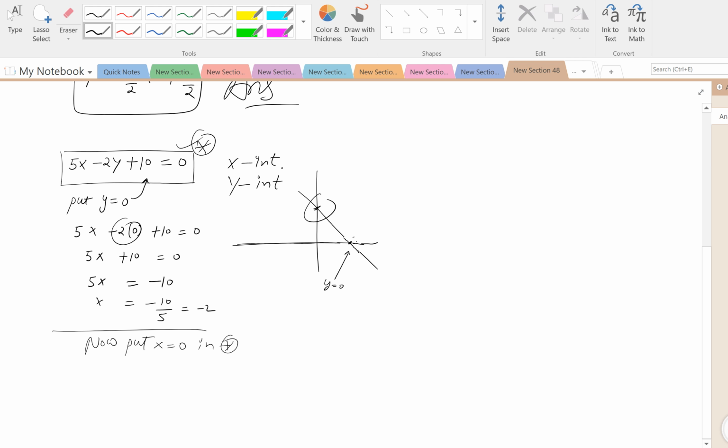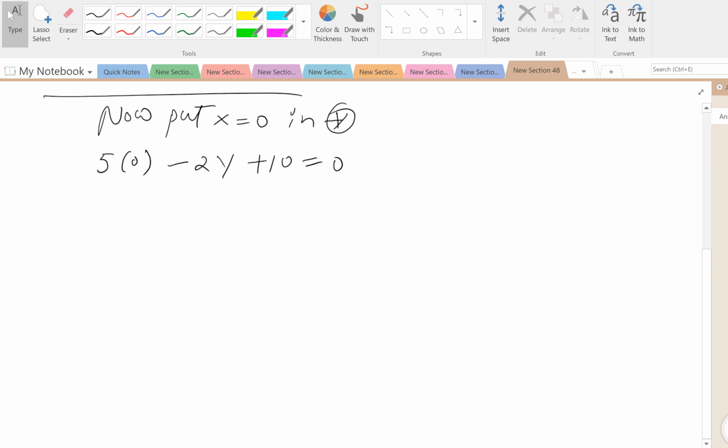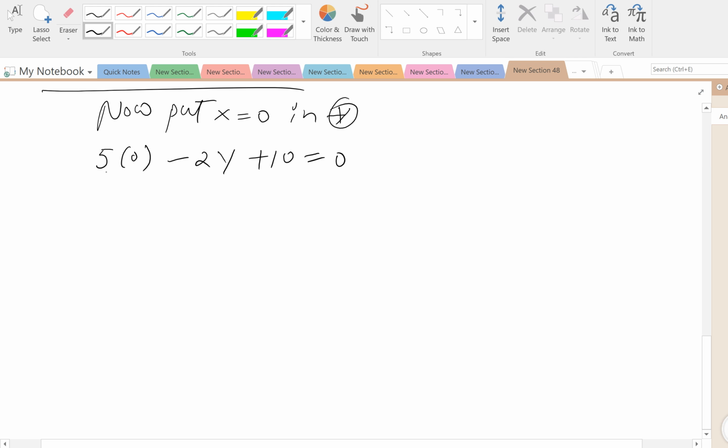So if I put x equals 0, what do I get? 5 times 0 minus 2y plus 10 equals 0. 5 times 0 is 0. Minus 2y plus 10 equals 0. Now I move 10 to the right side and it turns into negative 10. Now we divide both sides by minus 2.